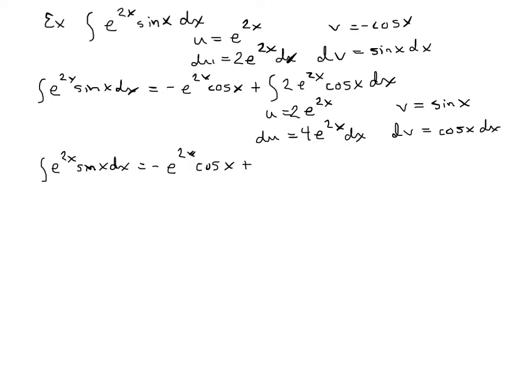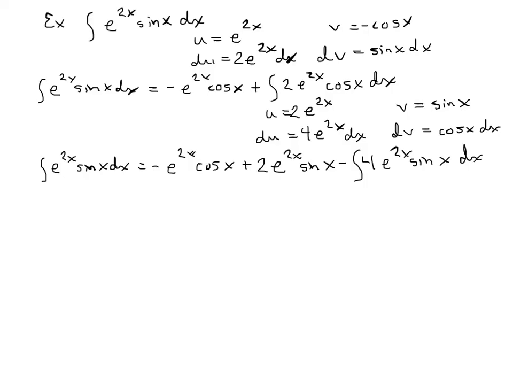U times v gives me 2e to the 2x sine of x minus the integral of v du. So minus the integral of v du. So that's 4e to the 2x sine of x.